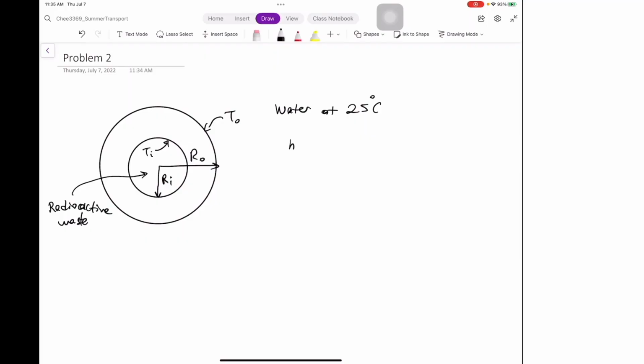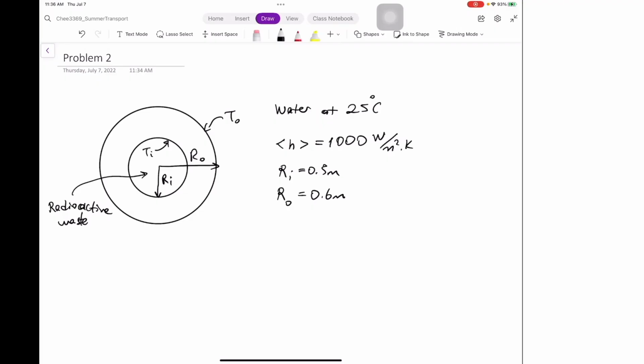This is H. It's given 1,000 watt per meter squared Kelvin. Okay, and RI is given 0.5 meters, and R out is given 0.6 meters.